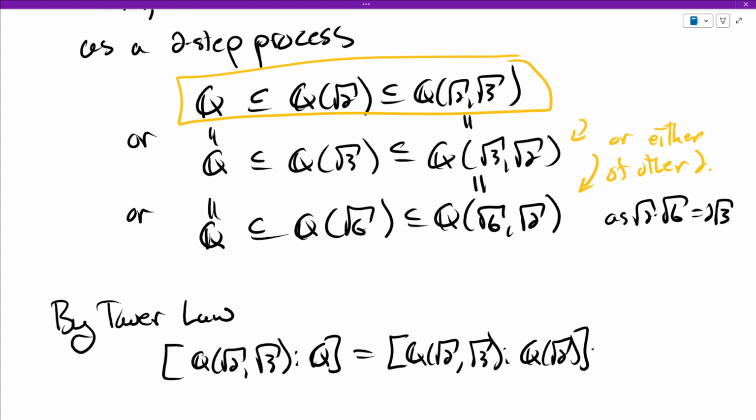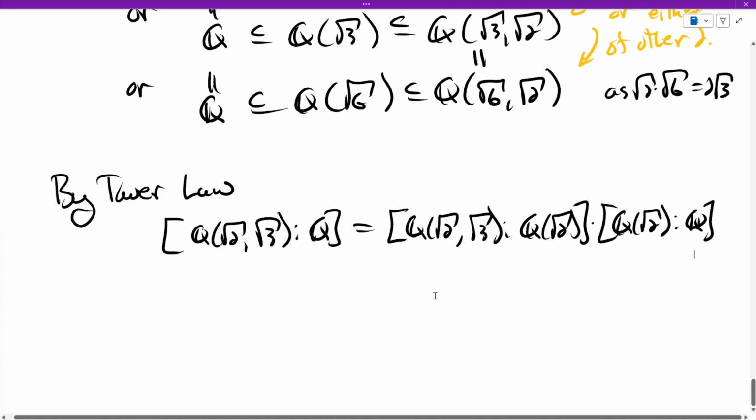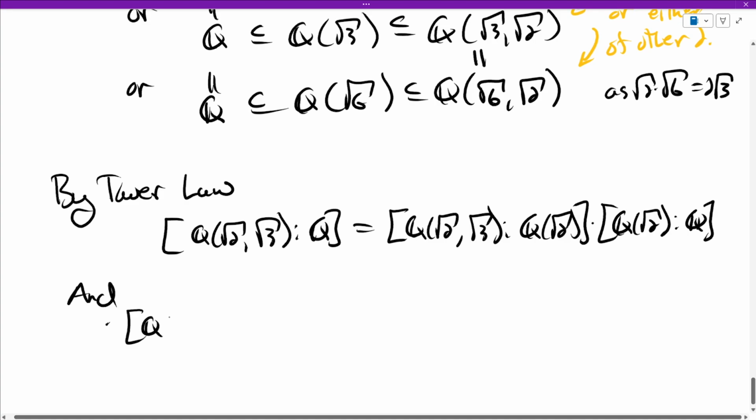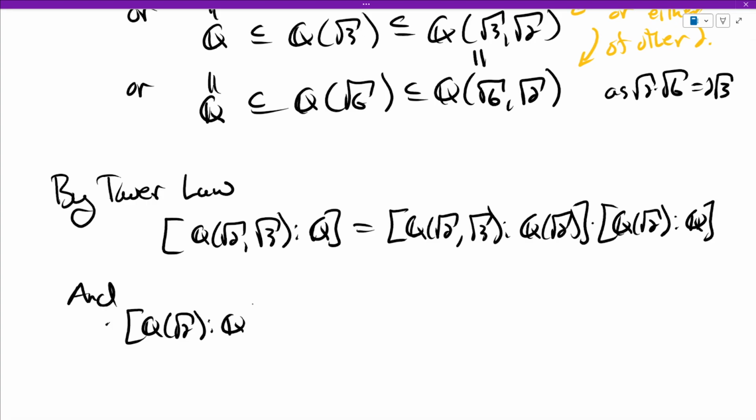So I can compute that, and then I can compute this. Now, the degree of Q adjoin root 2 over Q, we've computed Q adjoin root 2 set theoretically already. This is degree 2.